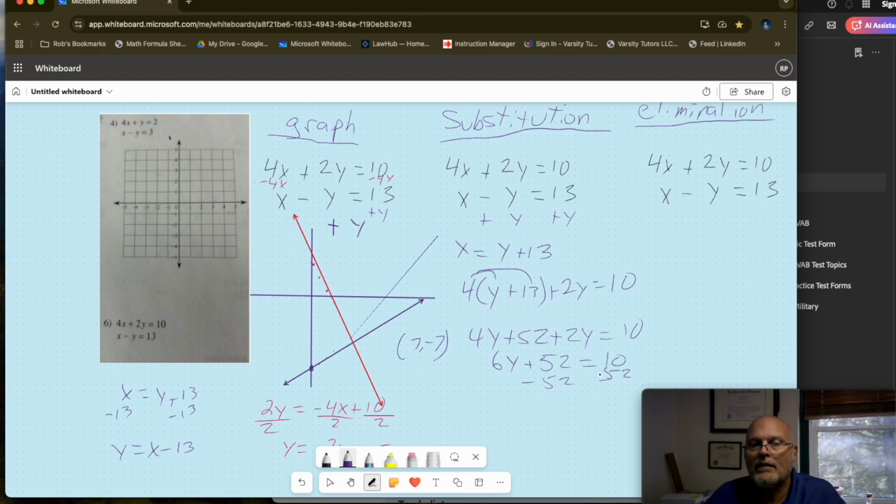And so that's minus 52 from both sides. 6y equals negative 42. Divide by 6. And looks like I got lucky that y equals negative 7. Plug it back in here, and I get x minus y equals 13. This is negative 7.